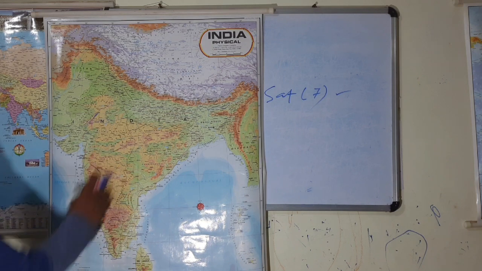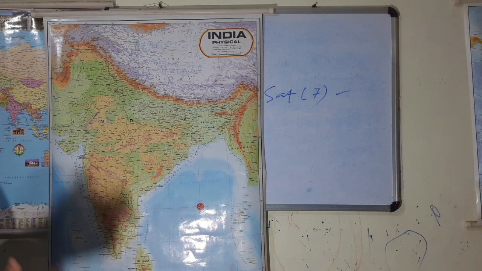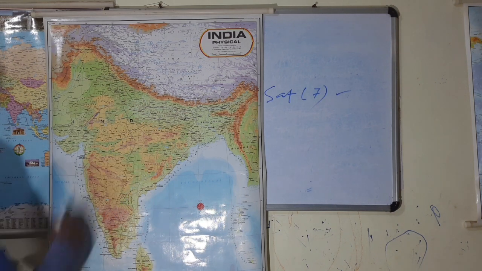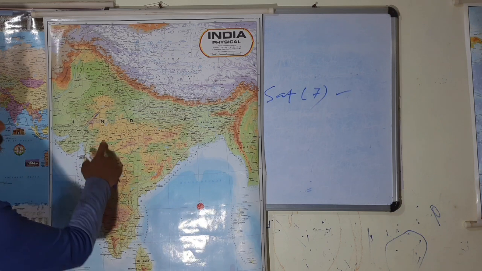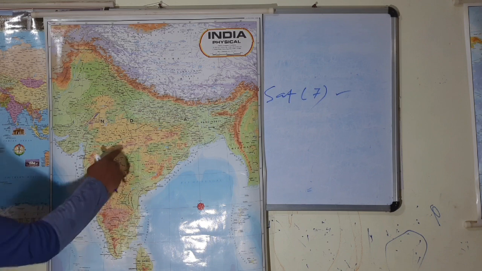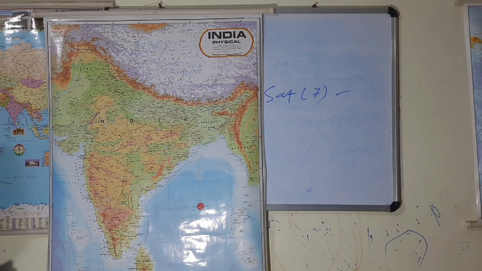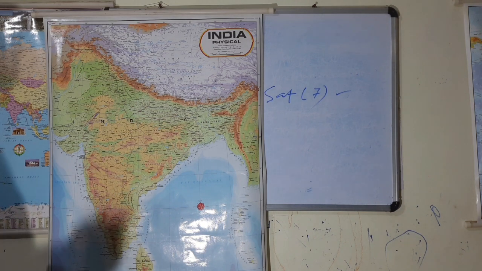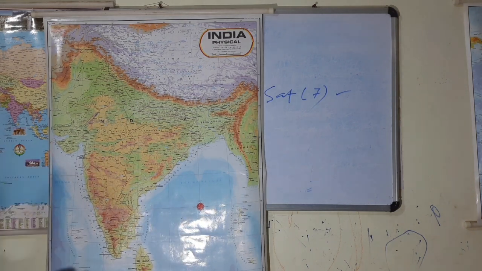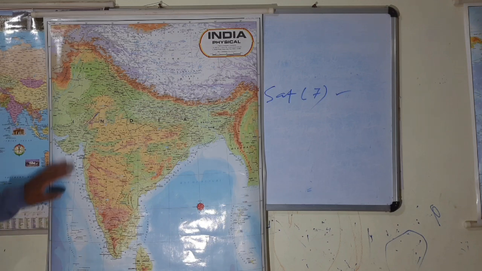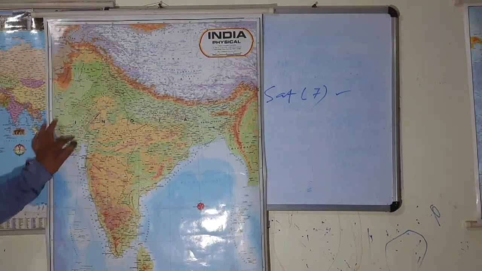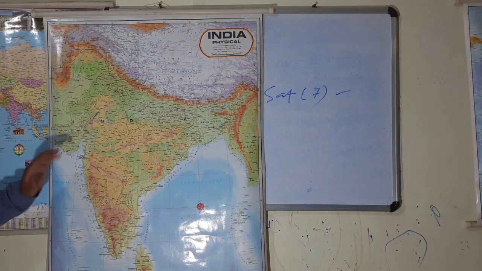In the Satpura range, various rivers have originated. In the northeast part of the Satpura range, the river Narmada originates. In the central part, the river Tapi originates. They flow towards the west and finally drain their waters into the Arabian Sea, mainly forming estuaries in the Gulf of Cambay or Gulf of Khambat.